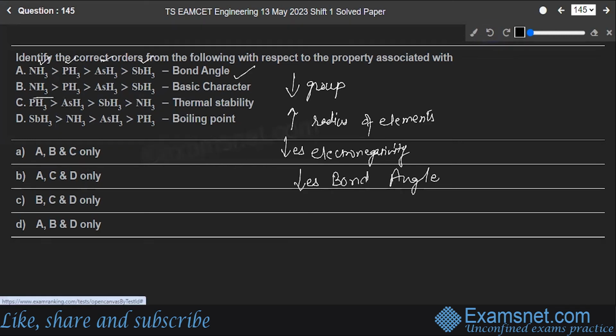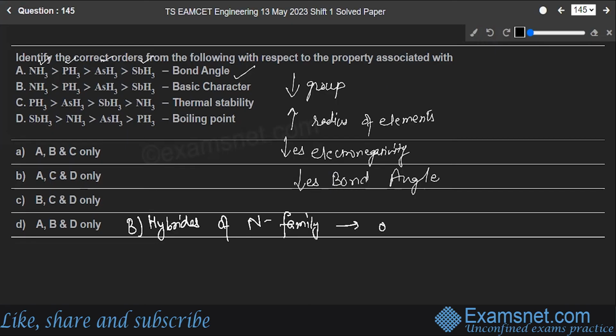So look at the basic character of all these molecules. The hydrides of the nitrogen family contain one lone pair on the central atom.